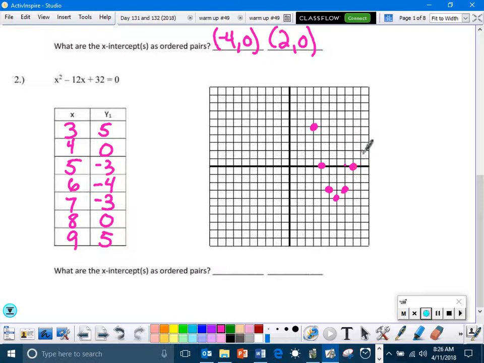Connect the dots. All right, now the x-intercepts. It looks like 4 and 8. So, 4, 0, 8, 0. All right, page 1 is done. Let's go to page 2.